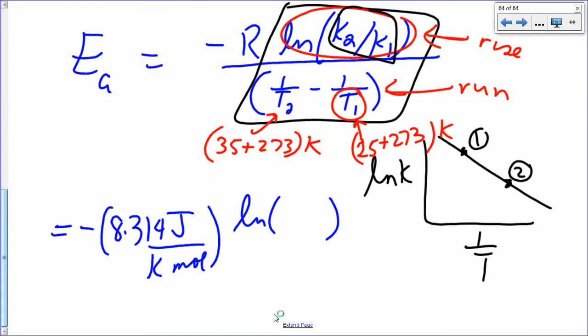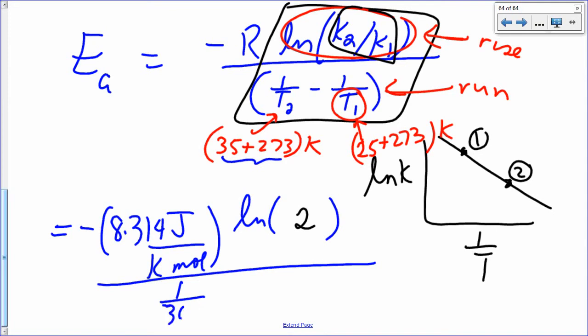If it's twice as fast at the higher temperature, k2 over k1 would be equal to 2, divided by 1 over, what's 35 plus 273? 308. 308 Kelvin minus 1 over 298 Kelvin.